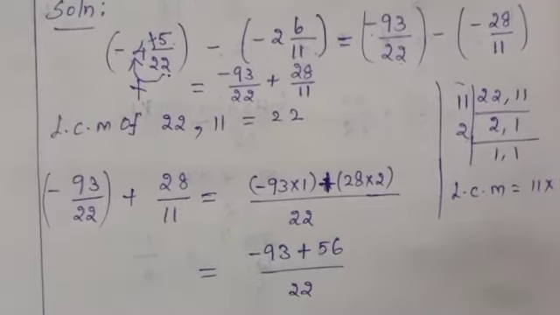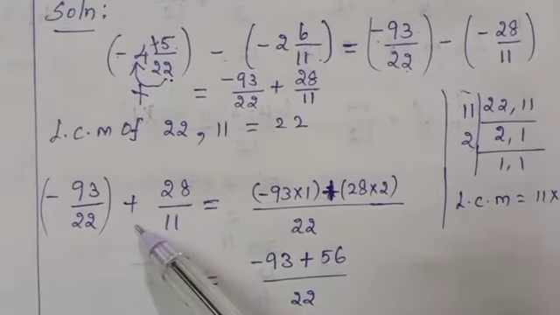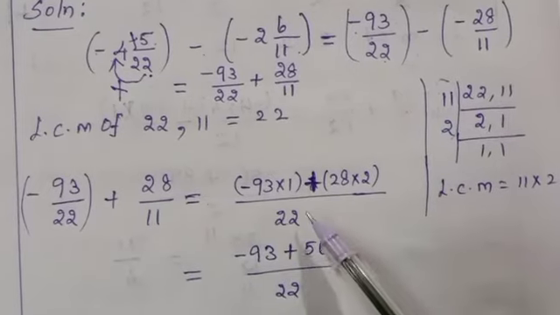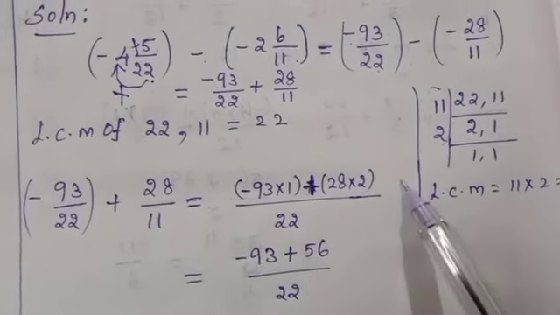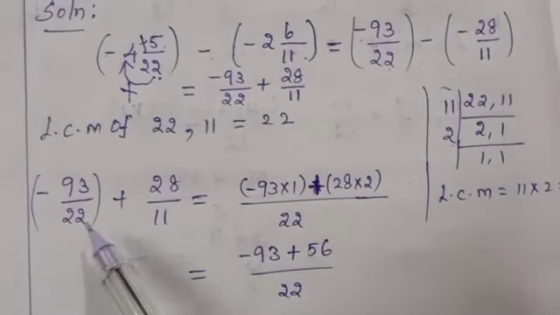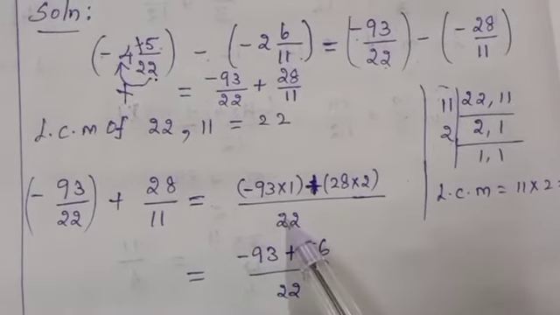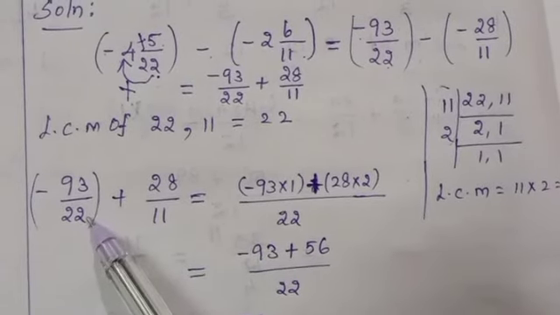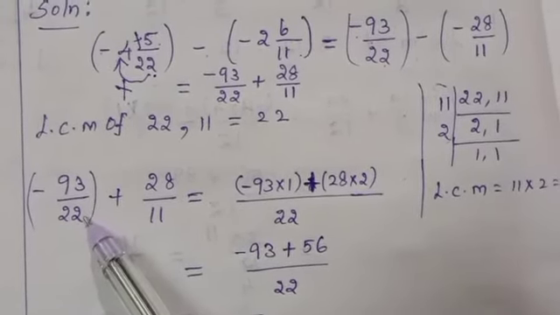So now minus 93 by 22 plus 28 by 11 is equal to, what we found as the LCM, 22. This LCM is considered as the common denominator. Now you have to divide. 22 divided by 22, how many times? 1 time.